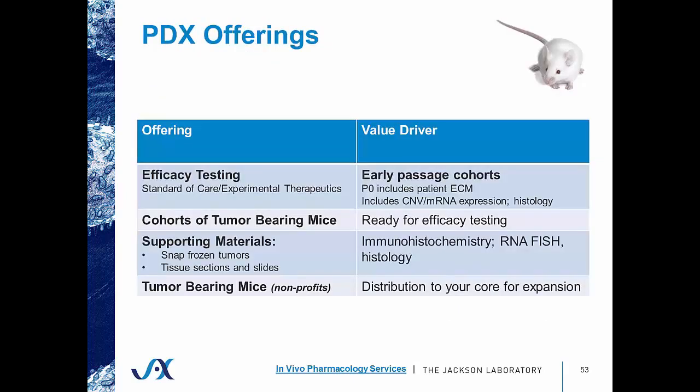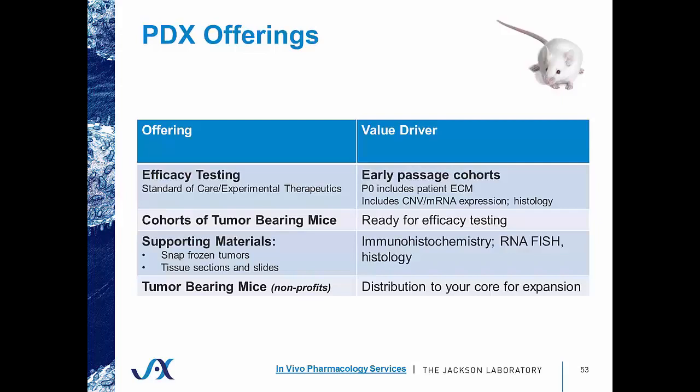So we also have a number of PDX offerings, including efficacy testing, in which you send us your experimental compound and we will test the efficacy of your compound in tumor-bearing mice, and you can tell us which deliverables you would like delivered to your facility for further testing.